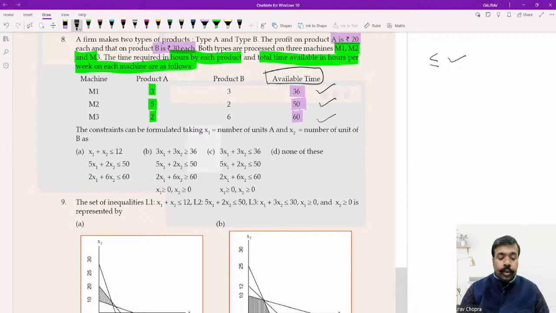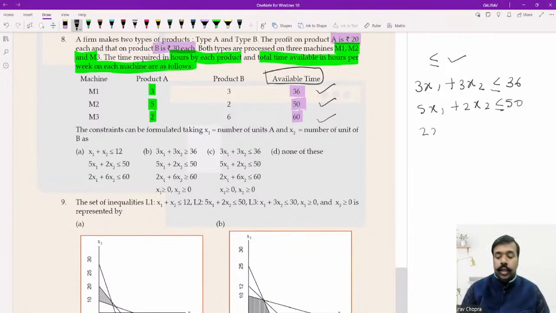So what we are going to do here, so 3 of x1 plus 3 of x2 will give less than equal to 36. Similarly, 5 of x1 plus 2 of x2 will give less than equal to 50.